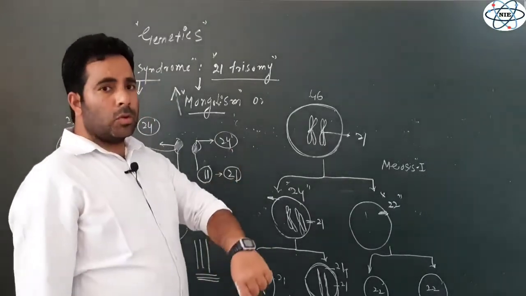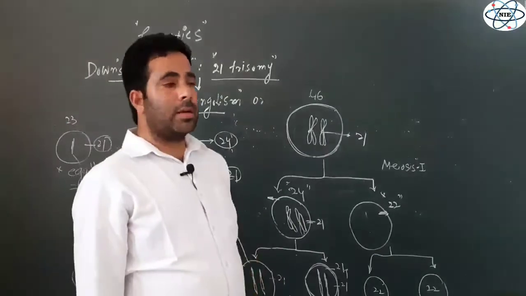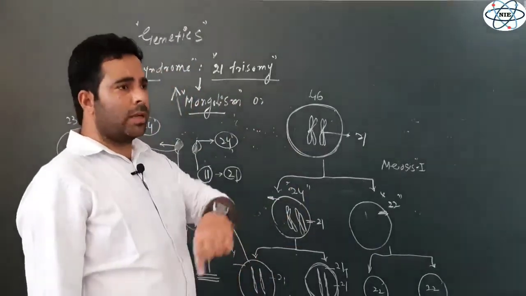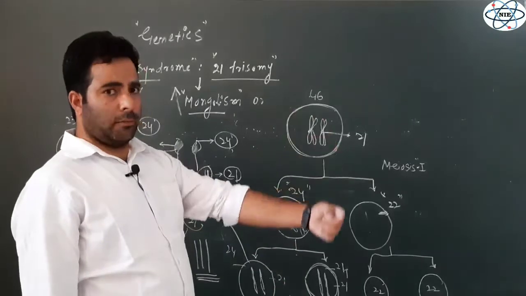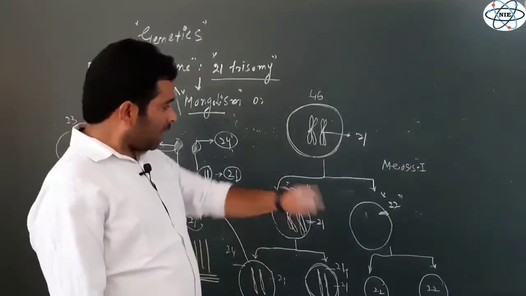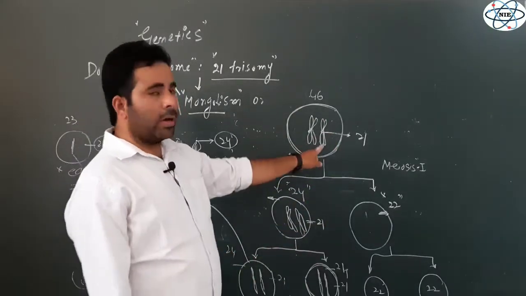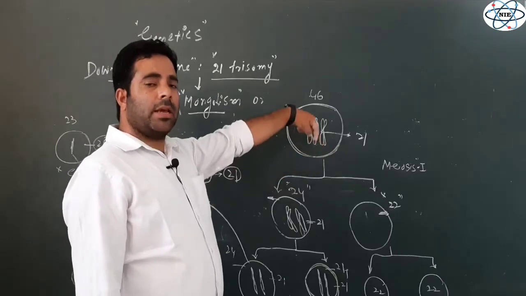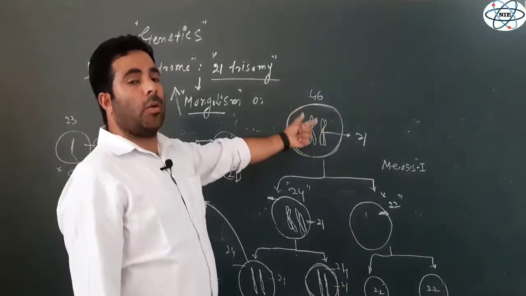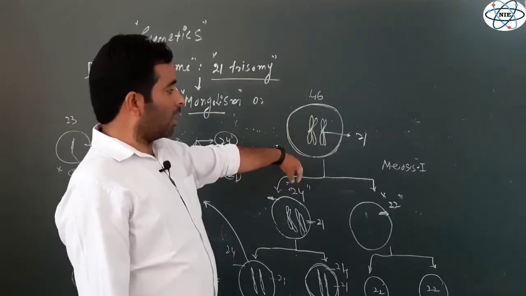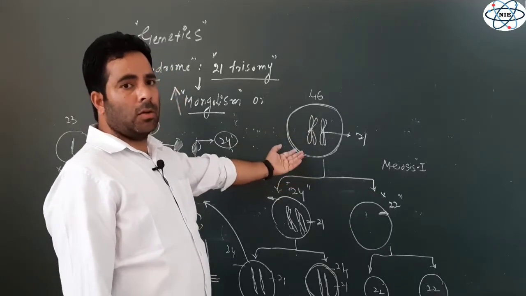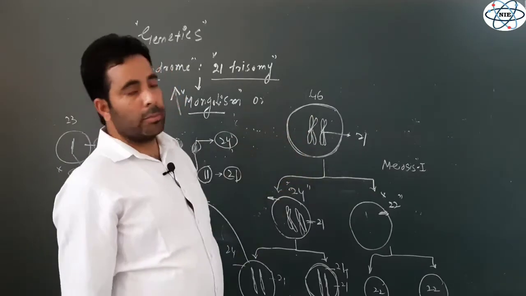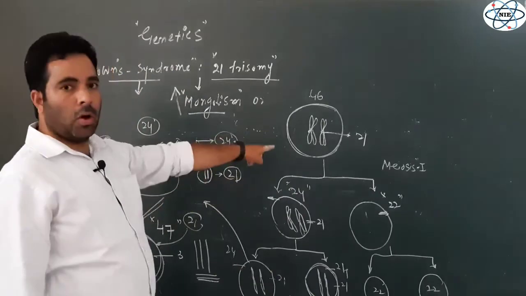Again, these are chromosomal aberrations, and in both these genetic disorders that we will discuss in future, there is again the problem of non-disjunction. If there is any extra copy of chromosome 1 or 2, or any chromosome is lacking in the chromosome complement, that is again because of the same cause, that is non-disjunction.